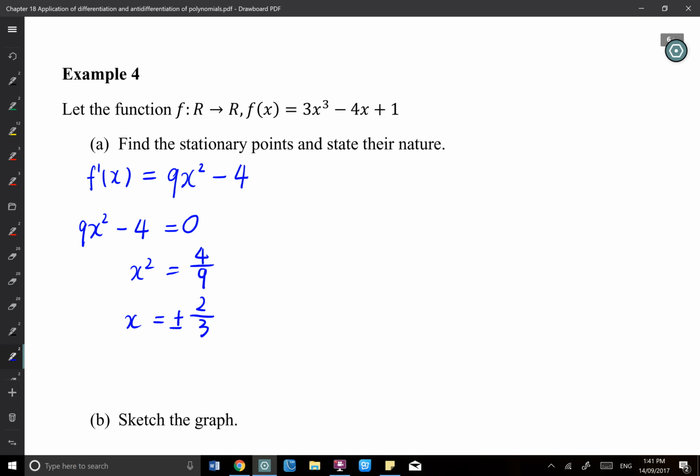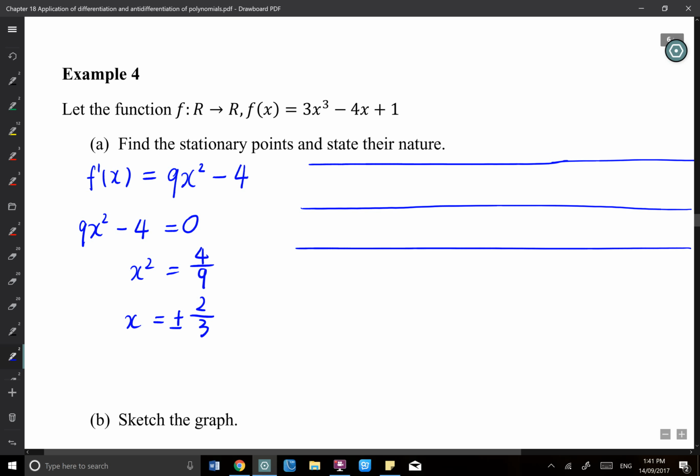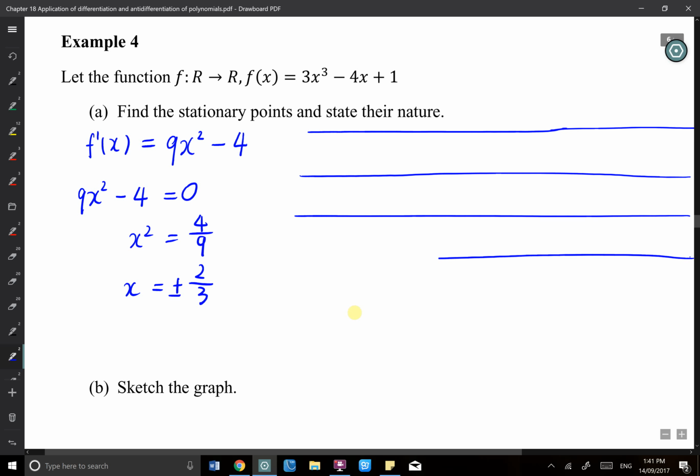So we will sketch that table. The first row is the x value, then f'(x), and then graph.